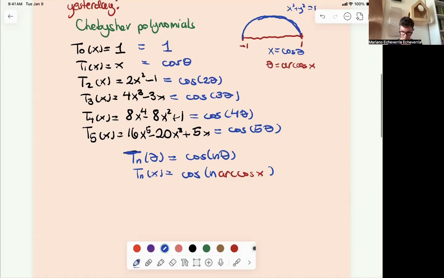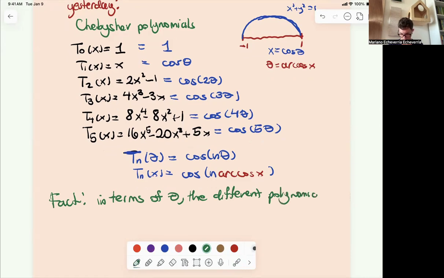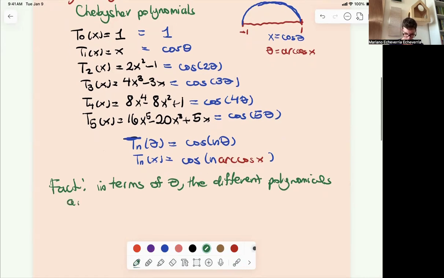So you can think about it as a fact: in terms of theta, the different polynomials are orthogonal.